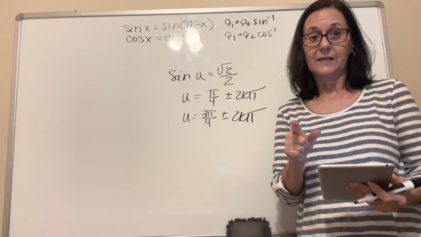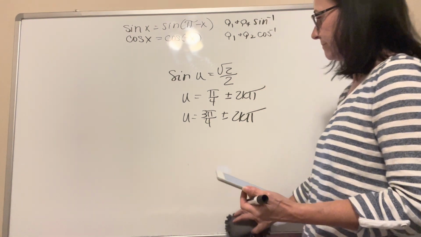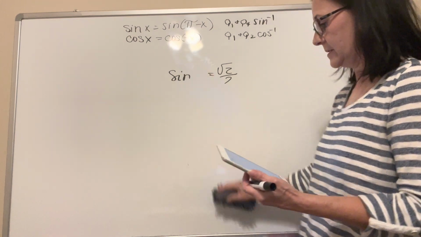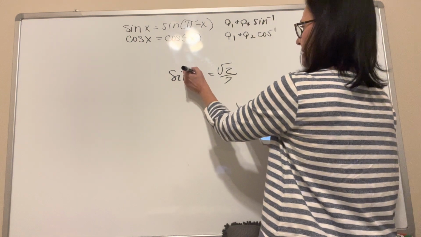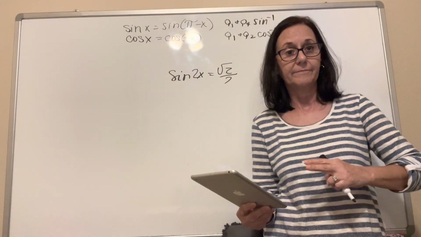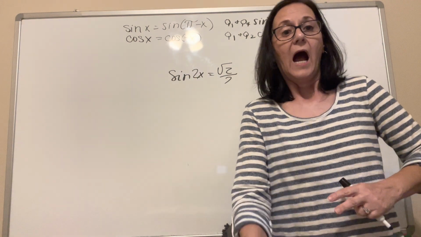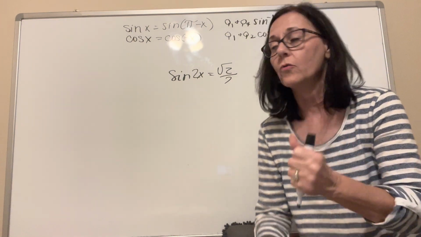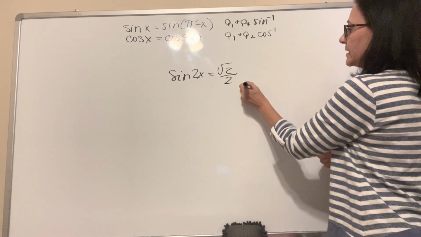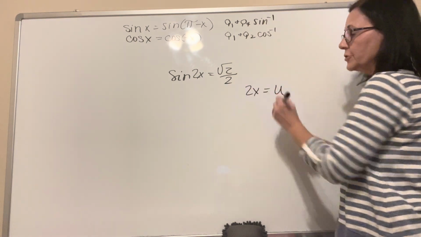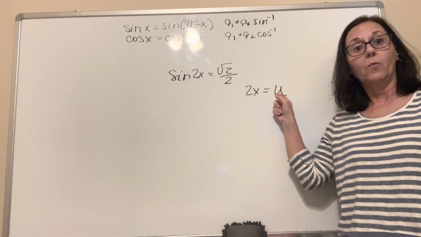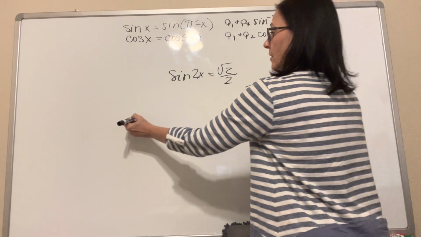Okay, look at example 6. Now all we did was, it's the sine of 2x. So my radian measure is 2x. I still know that this ratio is on the unit circle. So I'm going to say 2x equals u, and I'm just going to solve for u. Well, I just did, right?